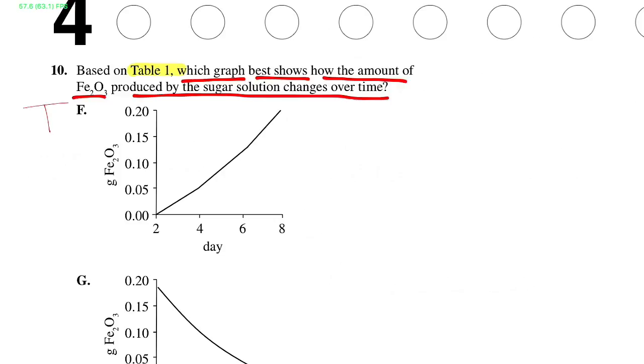So a very, very typical kind of passage, very typical kind of question. So basically, what is changing over time? The amount of rust is changing over time. And how do different things like a sugar solution or a salt solution influence how much rust is produced?